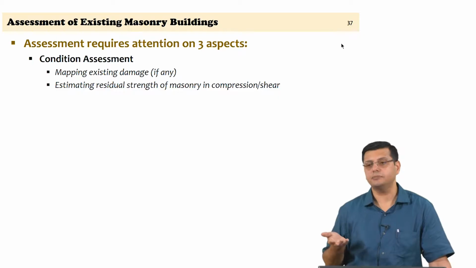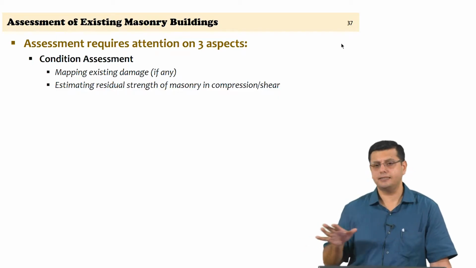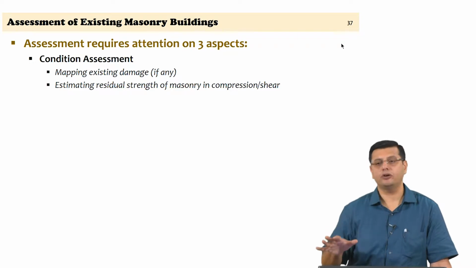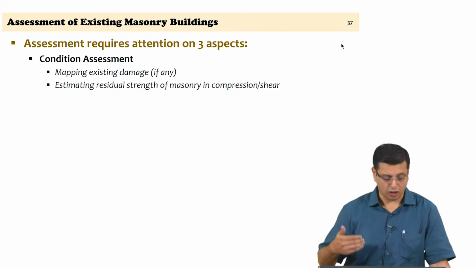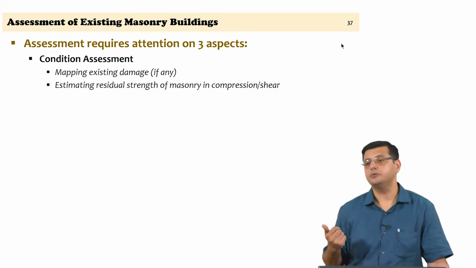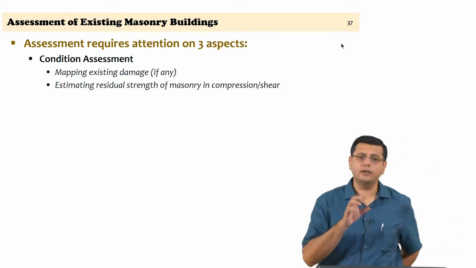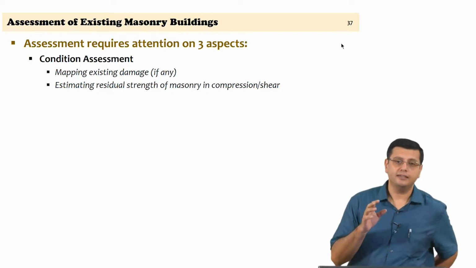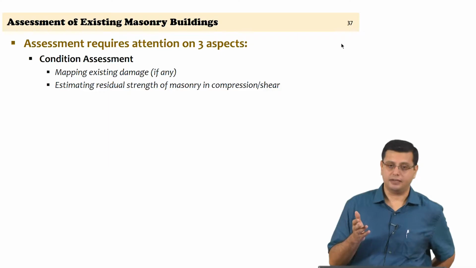So this condition assessment is on one hand trying to map if there is any existing damage which you should take care of to ensure that the structural health of the building is not compromised. On the second aspect that we have to look at, since a quantitative structural assessment is being carried out, you need to know what is the residual strength of the masonry in the structure.